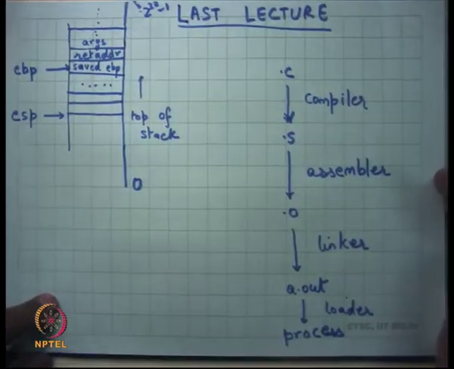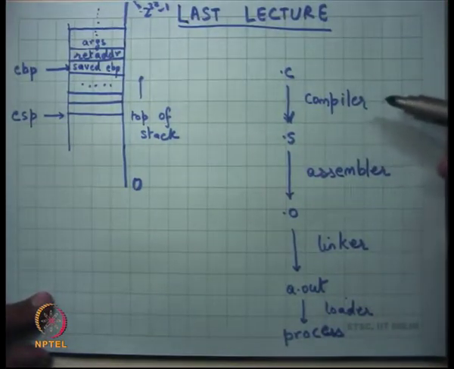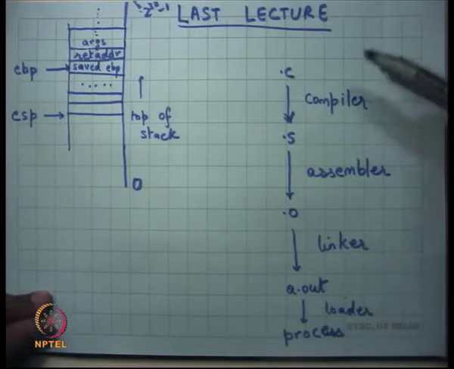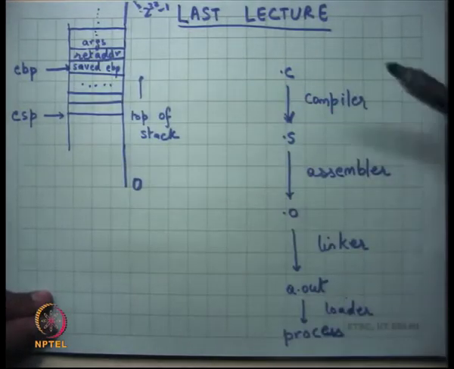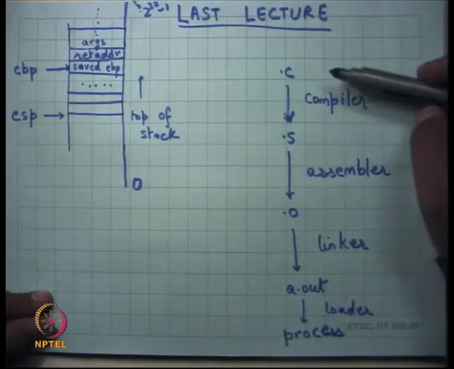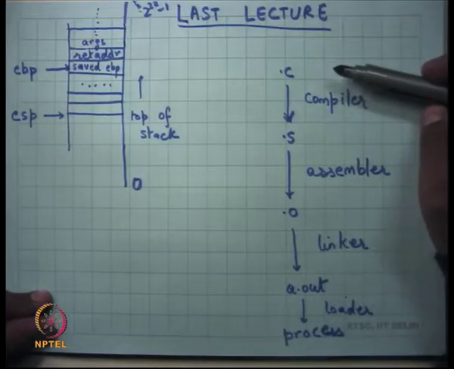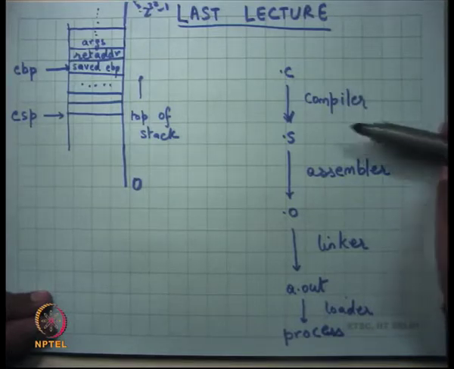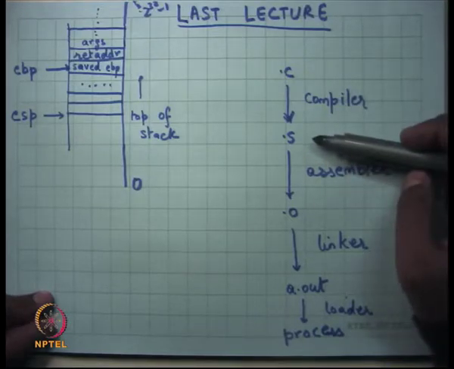Then we said, let's look at the workflow or tool chain that allows us to build our program. Let's say we write our programs in a high level language like C. A compiler converts it into a .s file. What is a .s file?